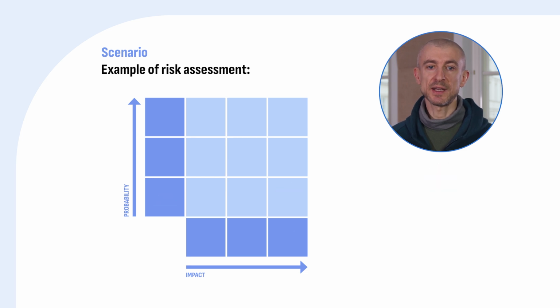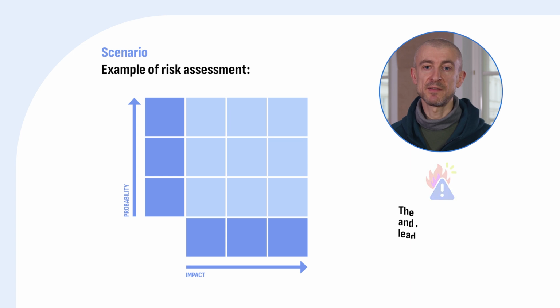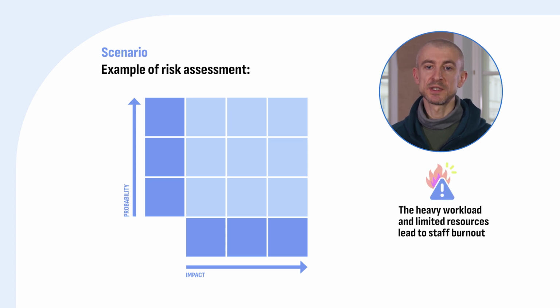Finally, let's have a look at our staff well-being and assess the situation in which the heavy workload coupled with limited resources leads to staff burnout to the point that they need to take extended sick leave due to extreme fatigue. We know that this has already happened to one staff member, and the workload has increased lately, so we would say the probability of this threat is high.